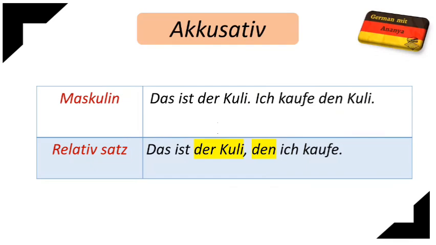So basically you cannot write like this: ich den Kuli kaufe. No, you can't write like this. You have to write the common nouns together. There Kuli, den is representing the Kuli, that's why it should be after the comma. So first of all, I have to put den, then the rest of the sentence, which is ich, and kaufe at the end, because this is a Nebensatz.